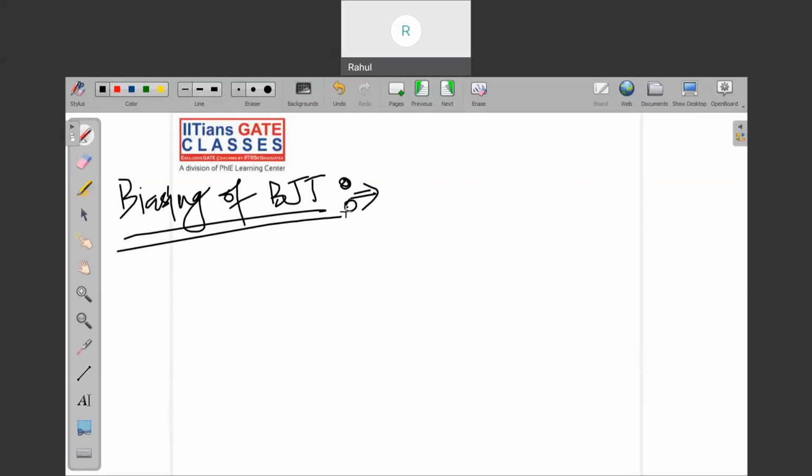The main purpose of biasing is to switch on the BJT to work in the active region.